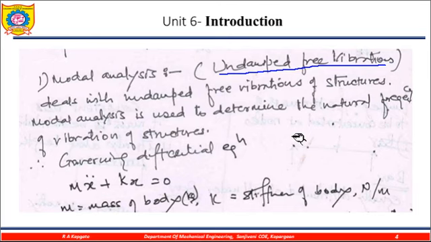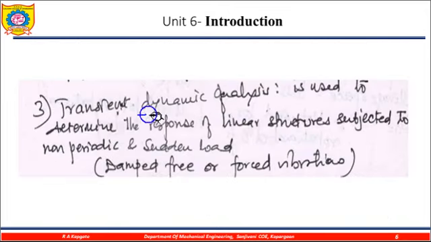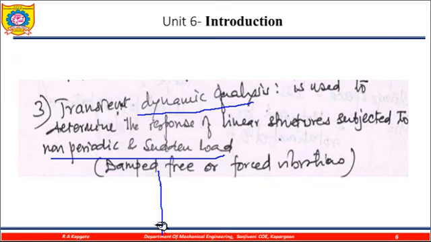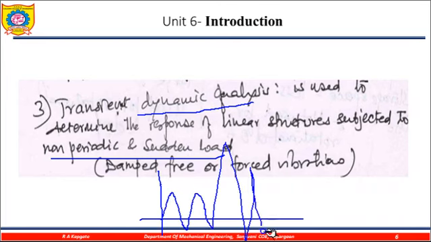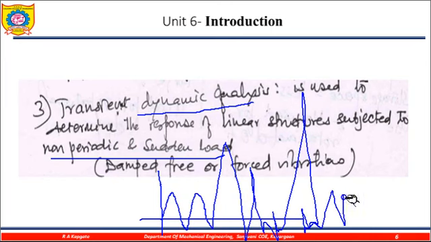Meaning there is no sudden impact or sudden parameters, while in a harmonic response the structure is subjected to periodic forces, while in a transient dynamic analysis there is a non-periodic and sudden load. What does it mean? It means that the force is not applied in a systematic way, but instead the nature of the force is like this.